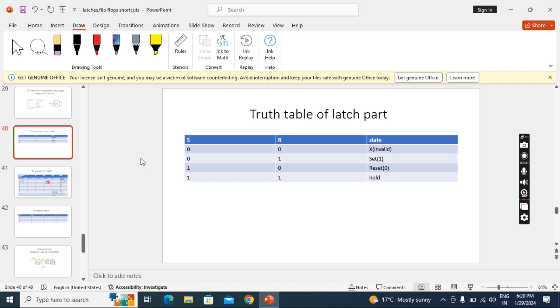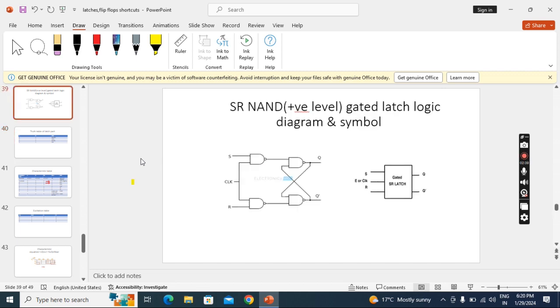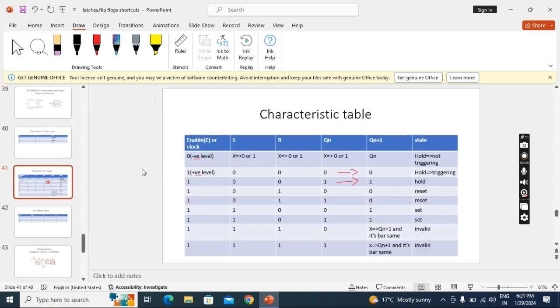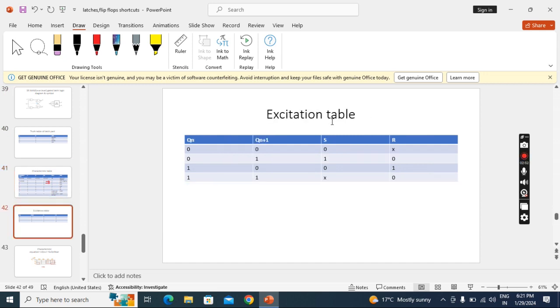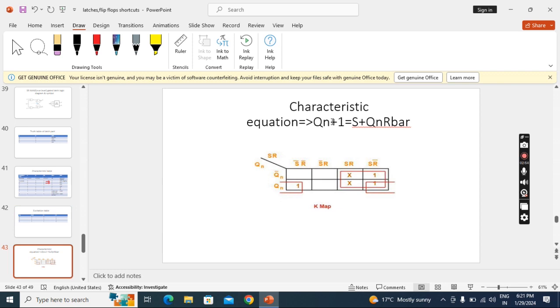In any gated latch or flip-flop, the design process is: after drawing the symbol and logic diagram and the non-gated latch truth table, we have to do the characteristic table, then the excitation table, then the characteristic equation. These are the steps.